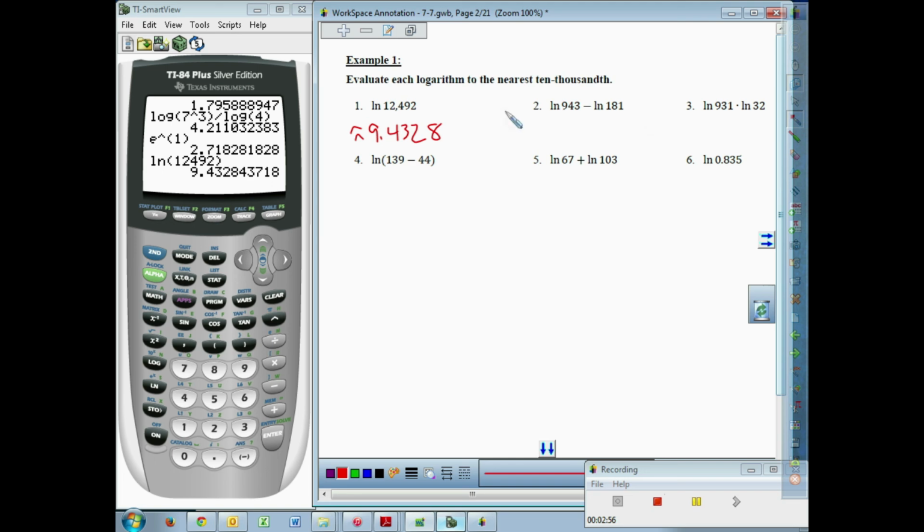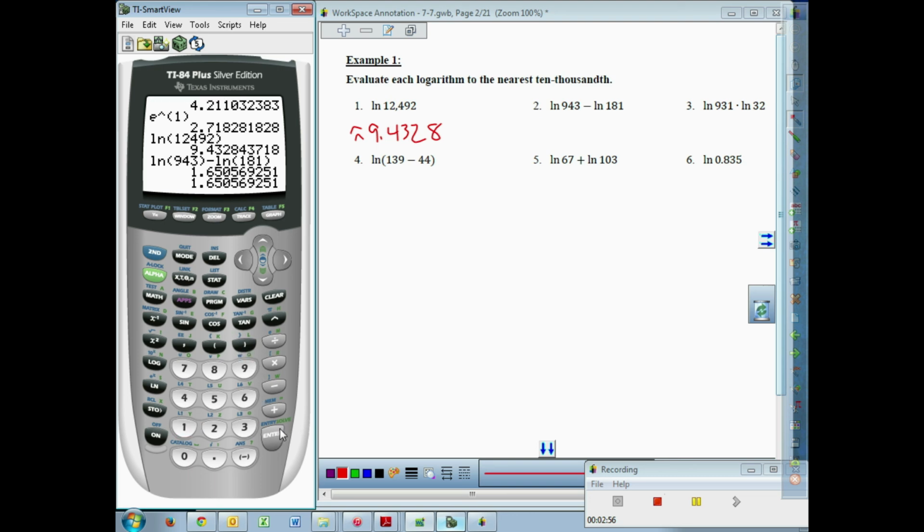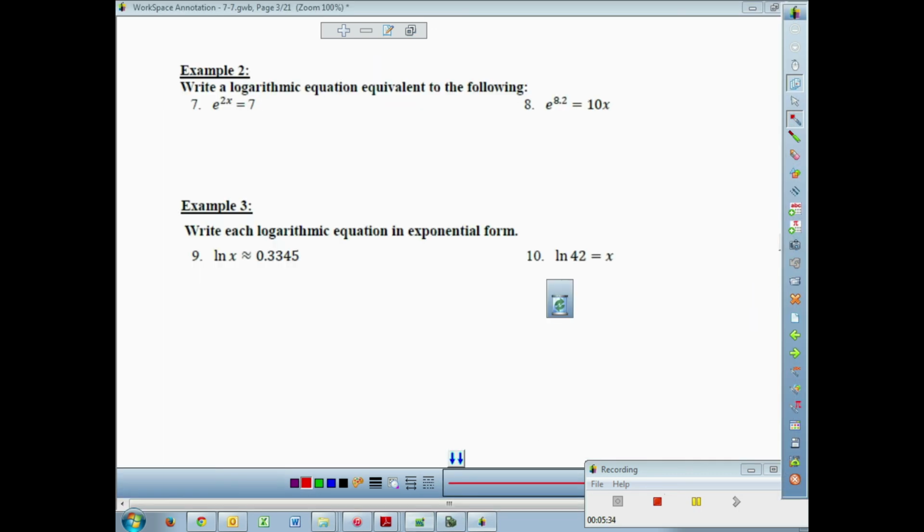You could take the natural log of 493 divided by 181, but why not just punch natural log of 943, close the argument, minus natural log of 181. Either way, since they're equivalent, you should get the same answer. So that is about 1.650.